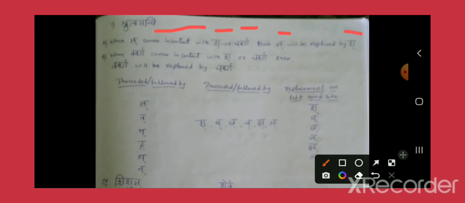And the second case is when Tavarga letters come in contact with Shakara or Chavarga letters, then the replacement will happen on the left hand side. So the respective Tavarga letter will be replaced by the corresponding Chavarga letter. If it is the second letter, the second letter will be replaced. If it is the fourth letter, the corresponding fourth letter will be replaced. That is what we have mentioned in this table.